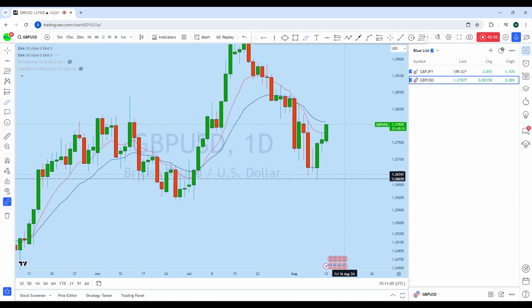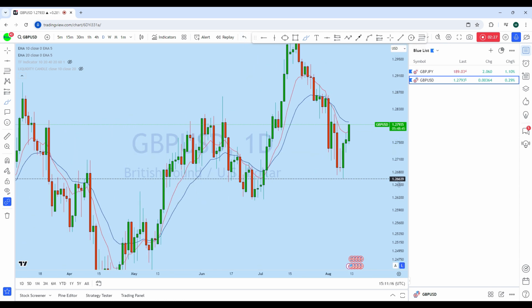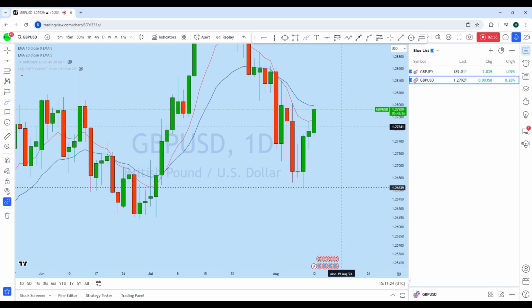Dropping down to the daily chart to see how the market is doing, we can see there is a daily liquidity candle followed by a narrow doji, which is a potential continuation pattern. And as a result, today, once the market opened after this gap, on the first day of the trading week, the market started to bounce back to the upside in the major direction of the trend.